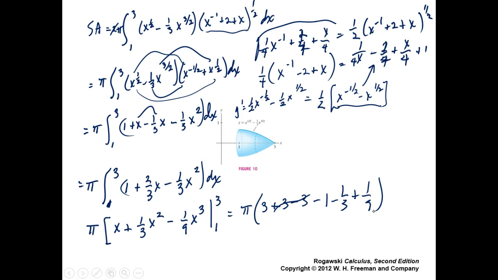Well, I think I'll make that a pi times 2, and then minus 1/3 plus 3/3 would be plus 2/3, which I'm guessing they're going to probably write as 8/3 pi. That's just a guess.